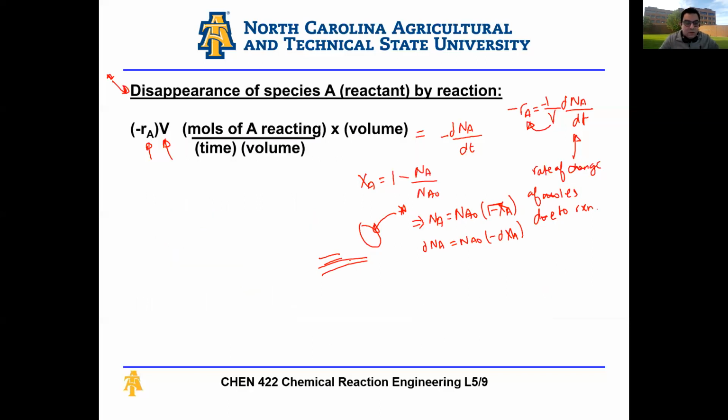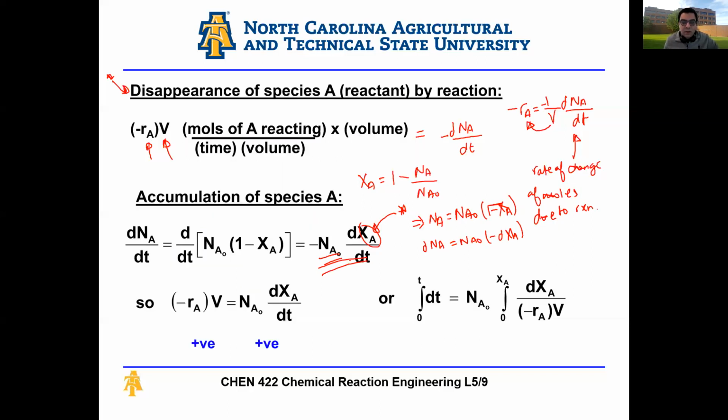So I lump these two expressions together: minus rA V, which is my disappearance, plus the accumulation, which is minus NA0 dXA by dt, is equal to 0.